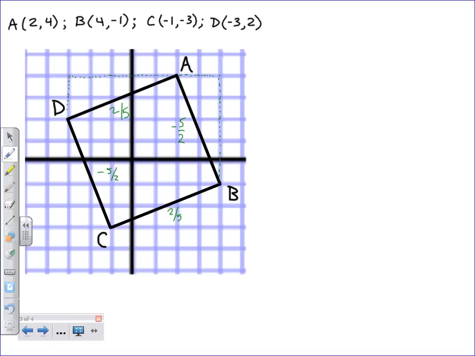So therefore, if we have a parallelogram with 4 right angles, then we know we have a square or a rectangle. So right away we know we have a parallelogram and a rectangle just by finding the slopes of the sides.